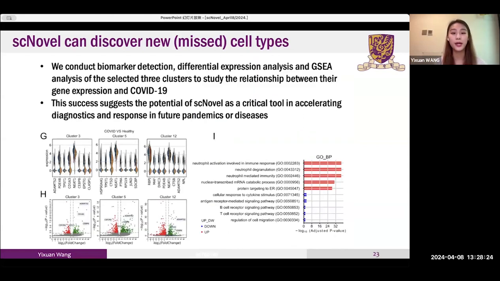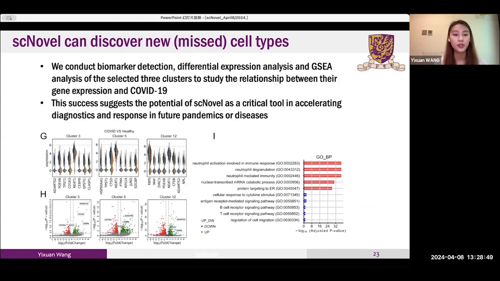We then conduct a deeper analysis of these 3 selected clusters. We conduct analyses like biomarker detection, differential expression gene analysis, and GSEA analysis of these 3 clusters. We want to study the relationship between their expression and COVID-19.